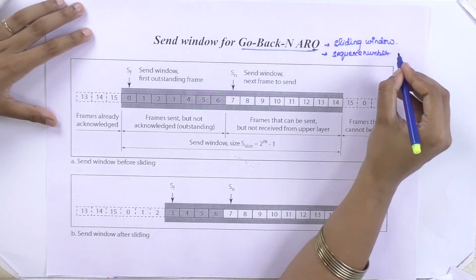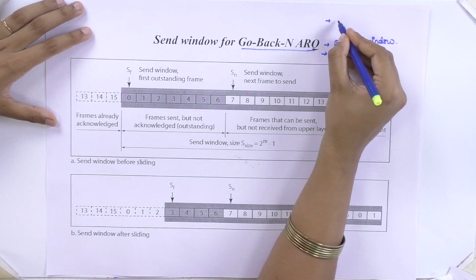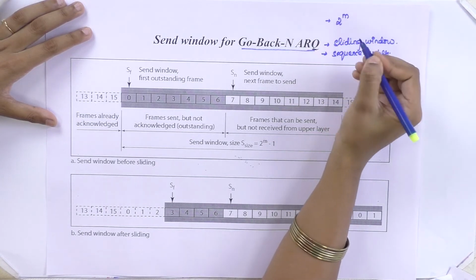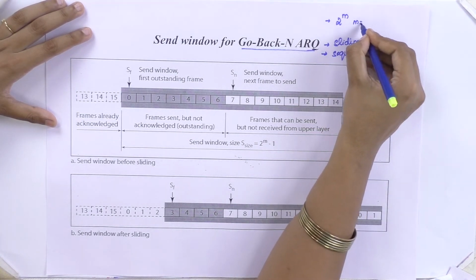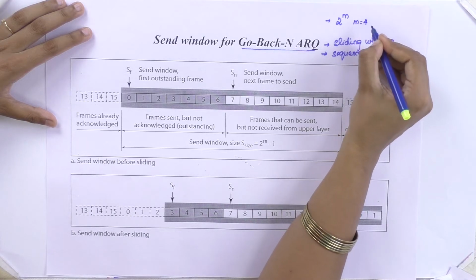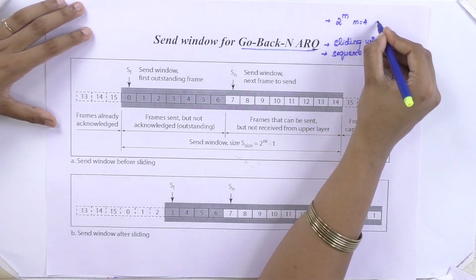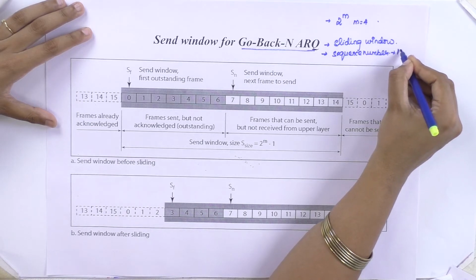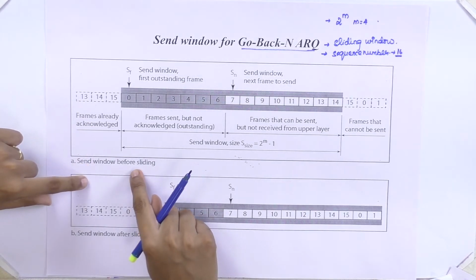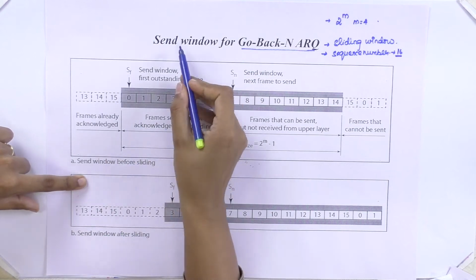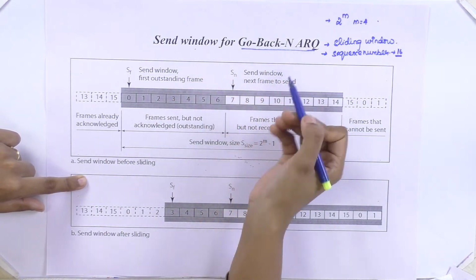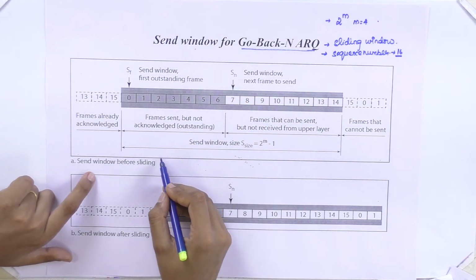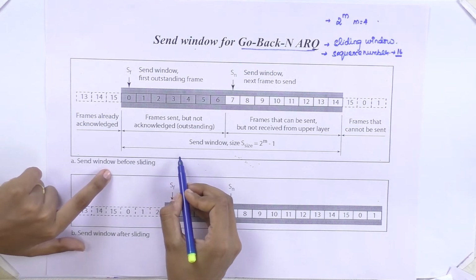This sequence number will be in terms of 2 power m. That is, if m is equal to, say, 4, your sequence number range will be 16. So if you look here, this is my send window for Go-Back-N ARQ. So this is how your frames are in this algorithm.